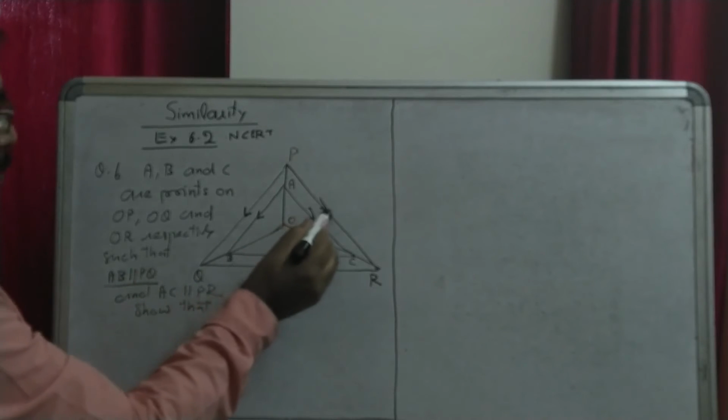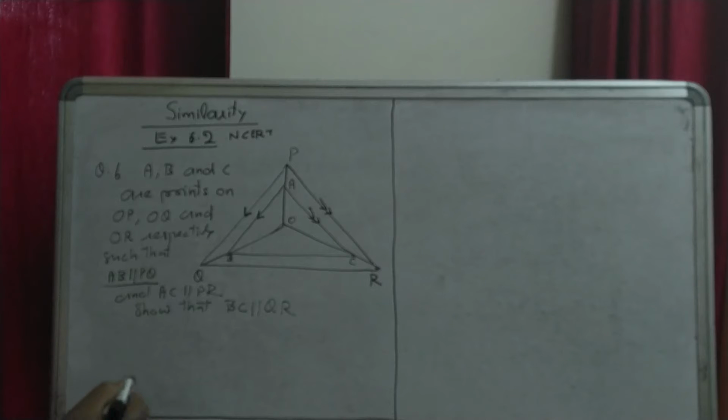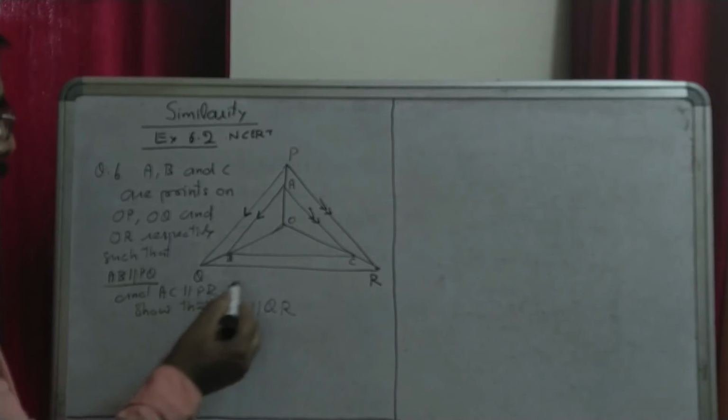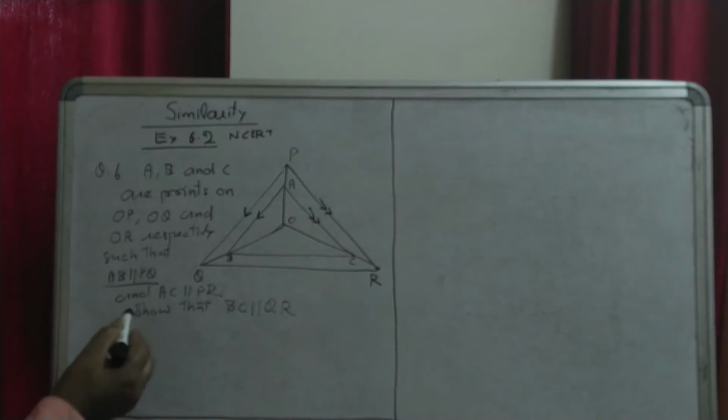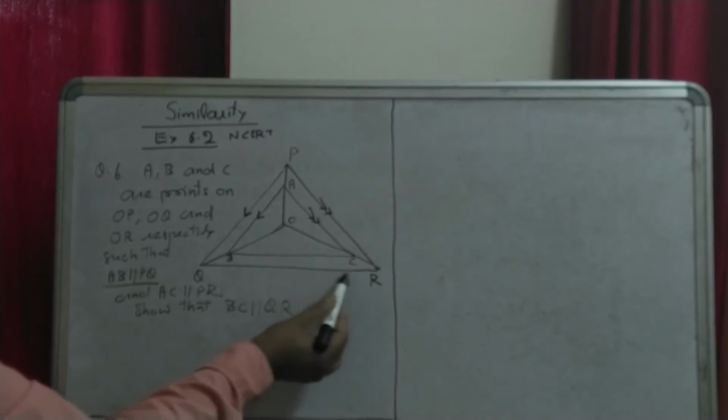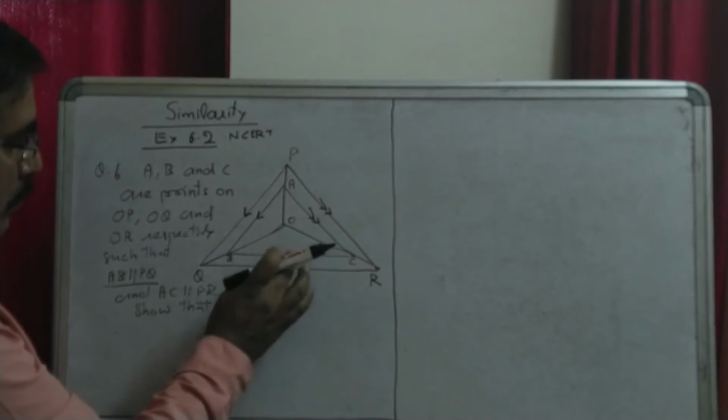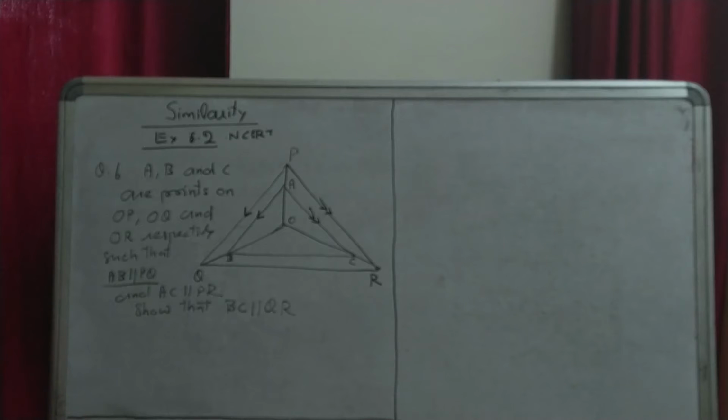So we have to prove that BC is parallel to QR. So this part we have to prove. So let us start, children. Again, this is a very easy question.